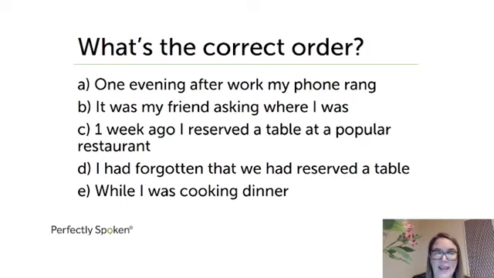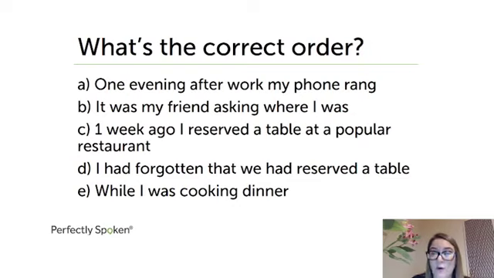So sentence A, one evening after work, my phone rang. B, it was my friend asking where I was. C, 1 week ago, I reserved a table at a popular restaurant. D, I had forgotten that we had reserved a table.